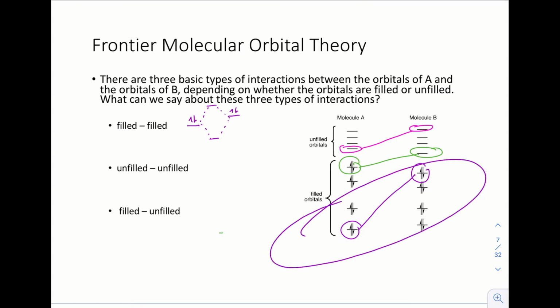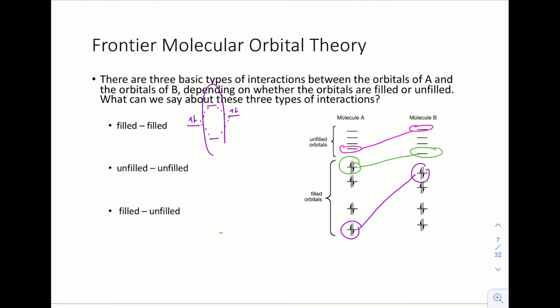Well, when these two filled orbitals overlap for molecules A and B, they do create two new molecular orbitals. However, they start out with 4 electrons, they end up with 4 electrons. These 2 electrons are stabilized. They are certainly lower in energy than where they started. However, these 2 electrons are higher in energy than where they started.